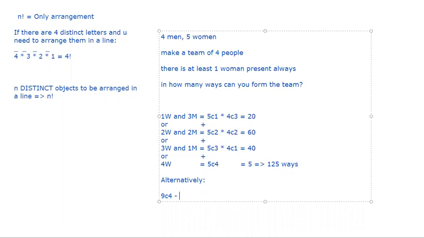That case you cannot have. So it's 9C4, the total number of teams possible, minus the teams where only men are there. Only men means 4C4, because only 4 men are there, all 4 have to be selected. That's only one possible way, and that team cannot be accepted. 9C4 is 126, minus 1, so 125.